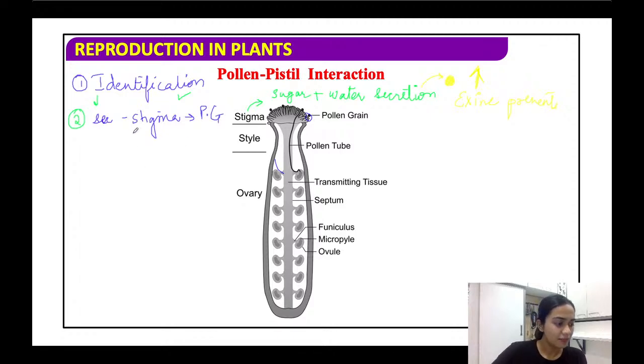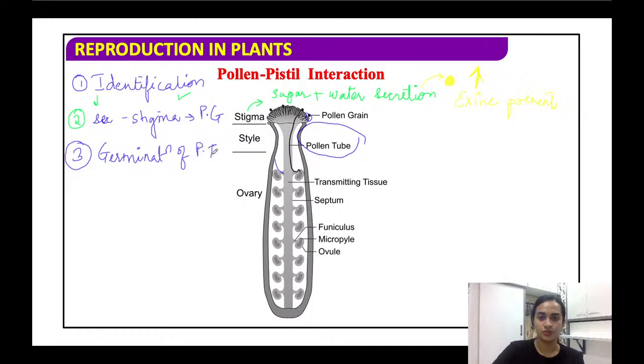Now the third step is the germination of the pollen tube. As this sugary substance is secreted and absorbed, the pollen will try to expand.